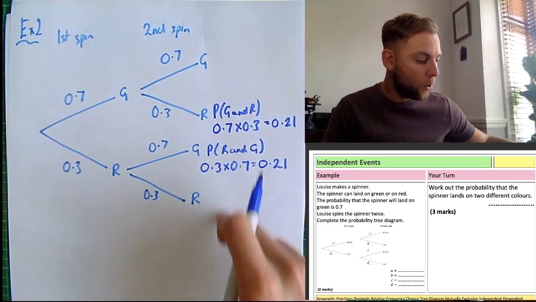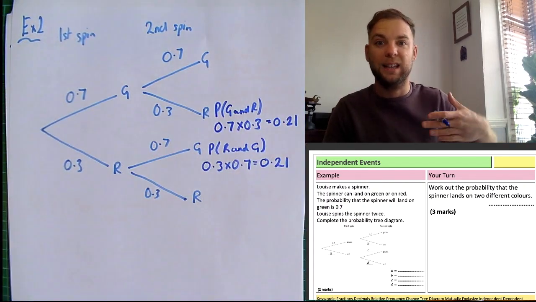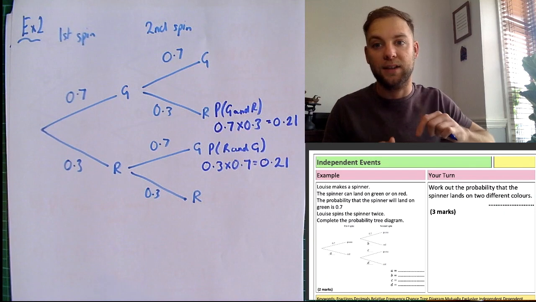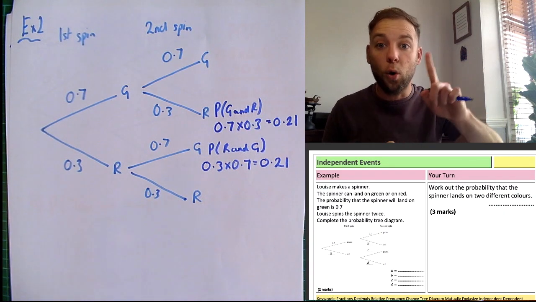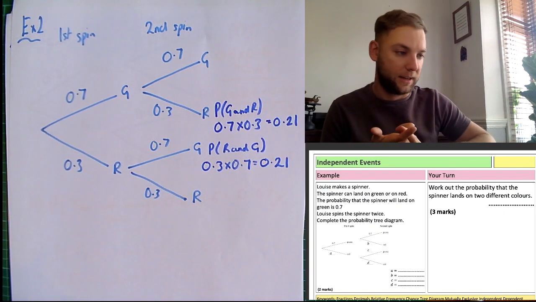Okay. So here we're looking at the fact these are mutually exclusive, so we can say the word "or" if you want. What's the probability of getting green and red, or the probability of getting red and green?